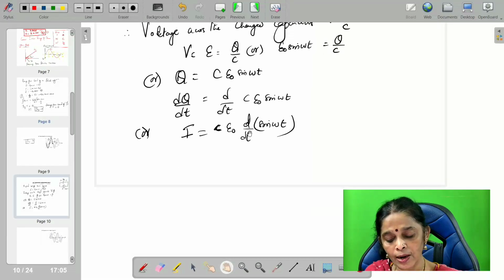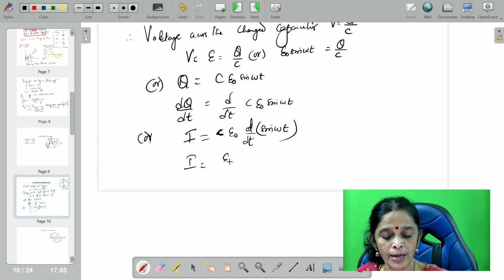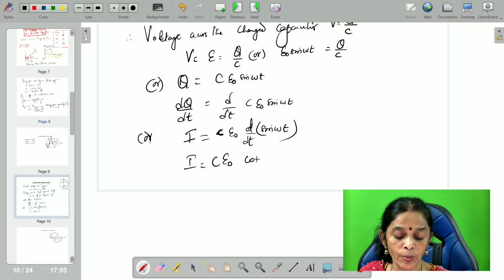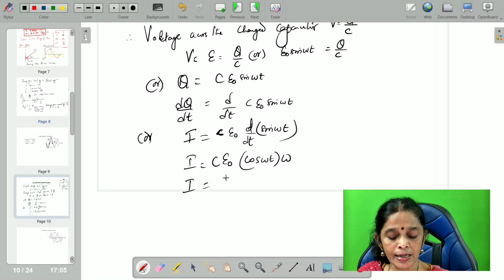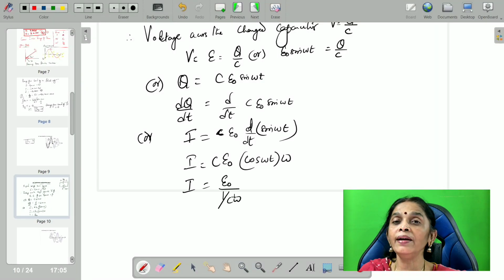So I will be equal to E naught into C omega cos omega t, or I can write it as E naught divided by 1 by C omega. Why should I write it like that? Because I have to bring it in the form of resistance.